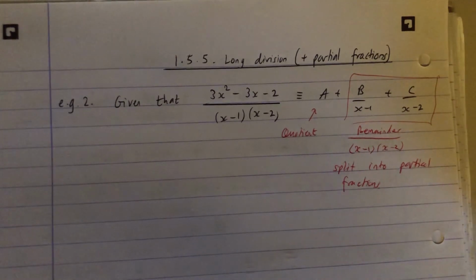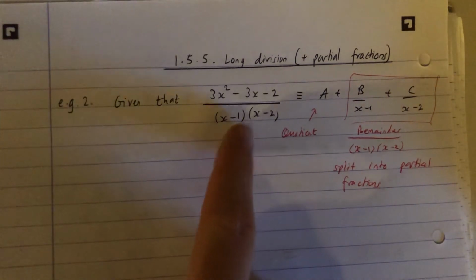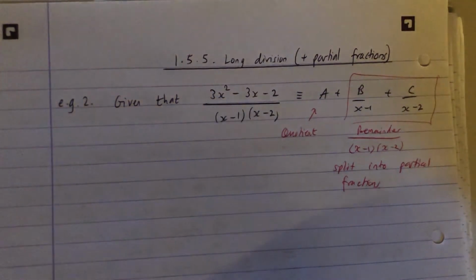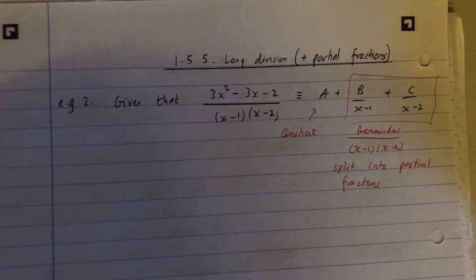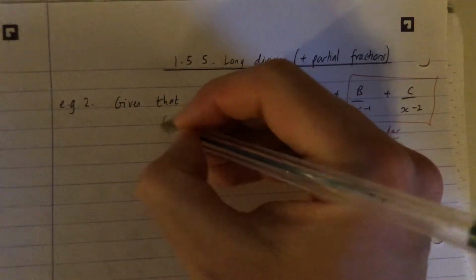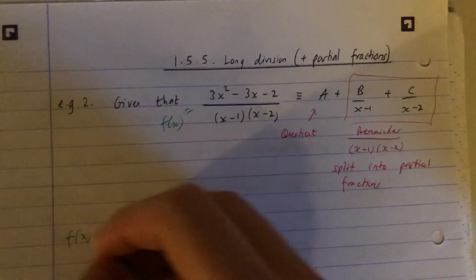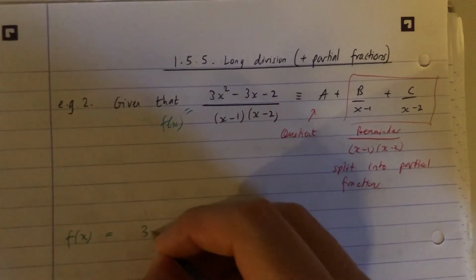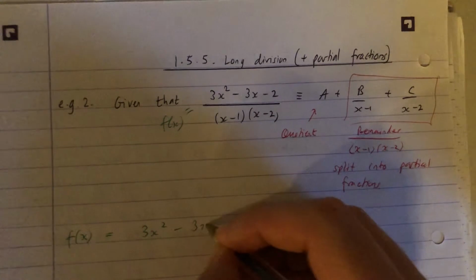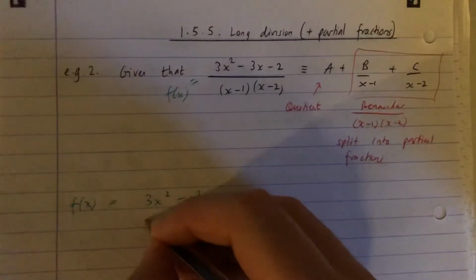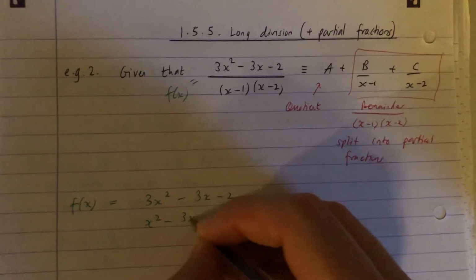So the first annoying thing is when using long division, they don't like factorized forms. So the first thing I'm going to do is rewrite what I'll call f of x in an expanded form. So just going to expand the brackets, x squared subtract 3x plus 2.